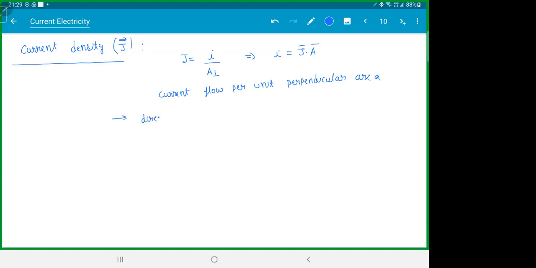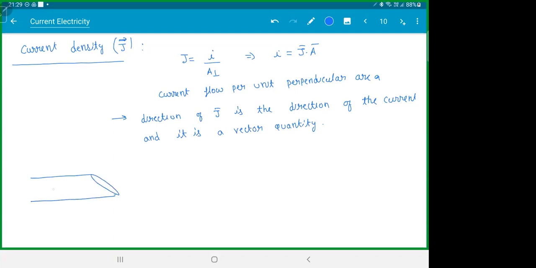The direction of J bar is the direction of the current. And it is a vector quantity. This we're going to use in magnetism again.